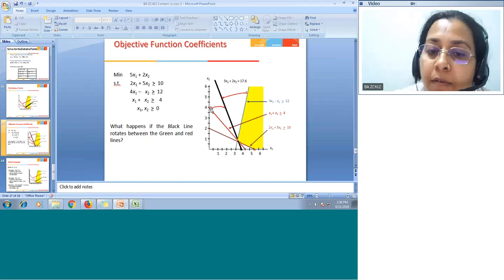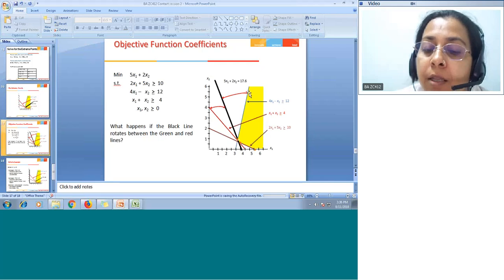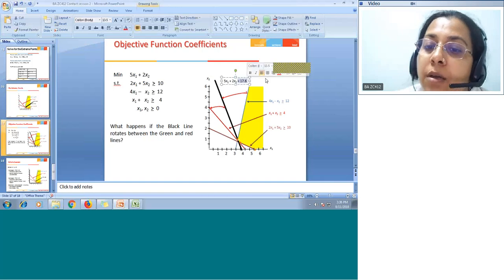So we have latitude that we can rotate this black line from red line to this green line. We don't need to worry about the total cost. That will remain there only. So now rotating this will give us a flexibility.